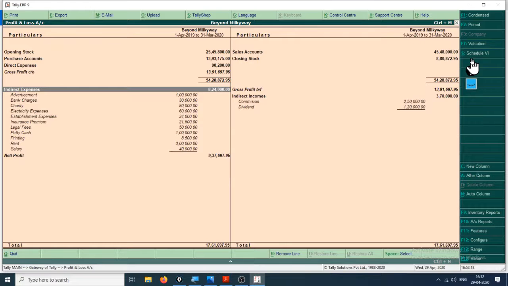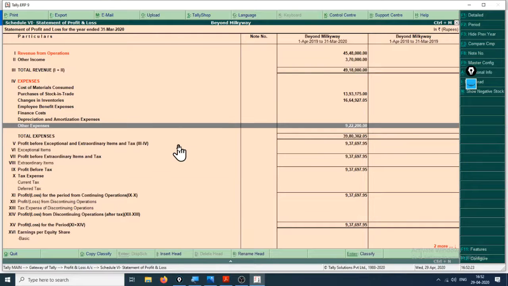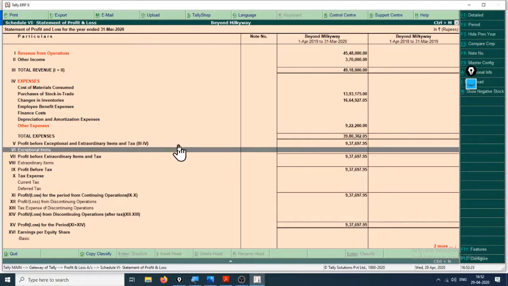Oops, back to schedule 6. Where were we? Yeah, total expenses, profit before exceptional and extraordinary items. What are exceptional and extraordinary items?